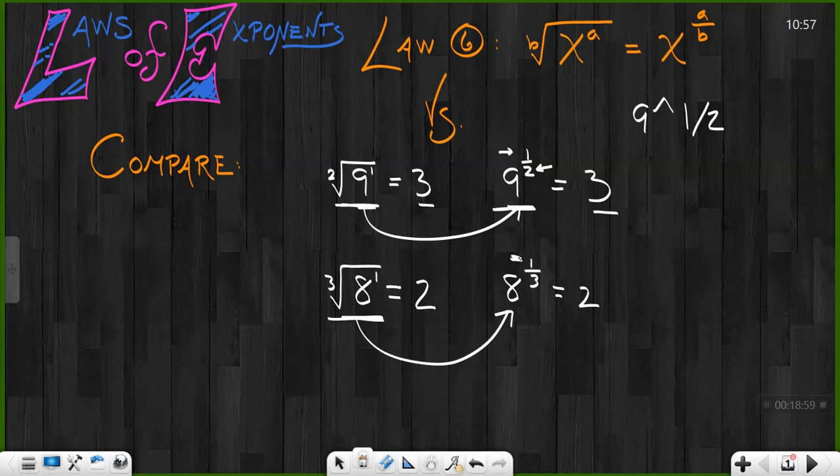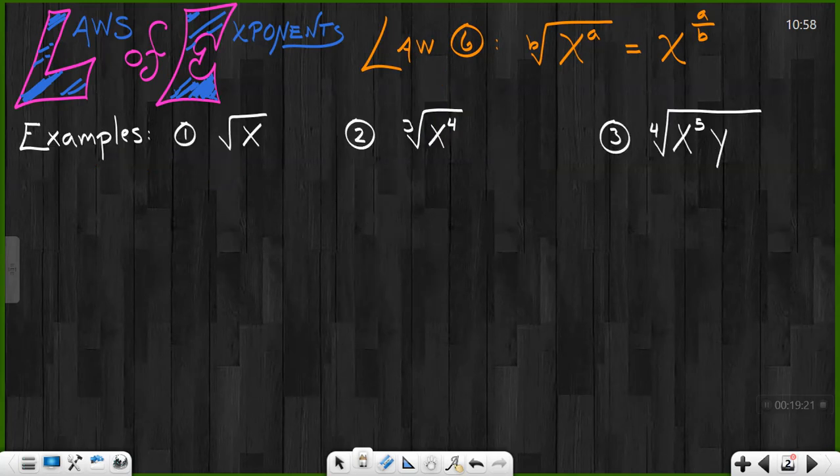Well, the 1 became the numerator in my fraction, and the 3 became the denominator. So we see in our law that the exponent that was originally there becomes the numerator.